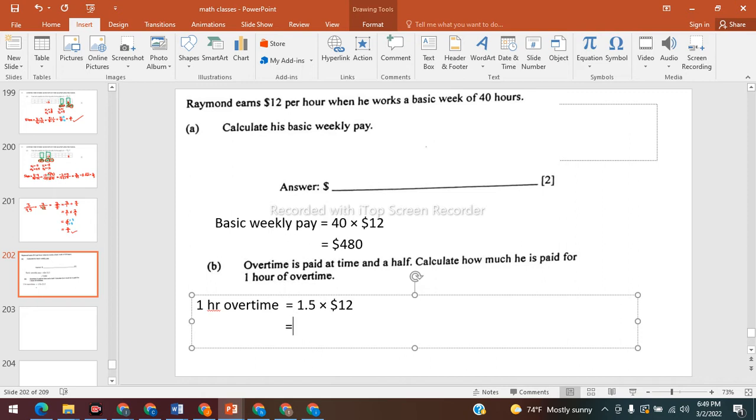And what do we get? 1.5 times 12 is 18. Very good.